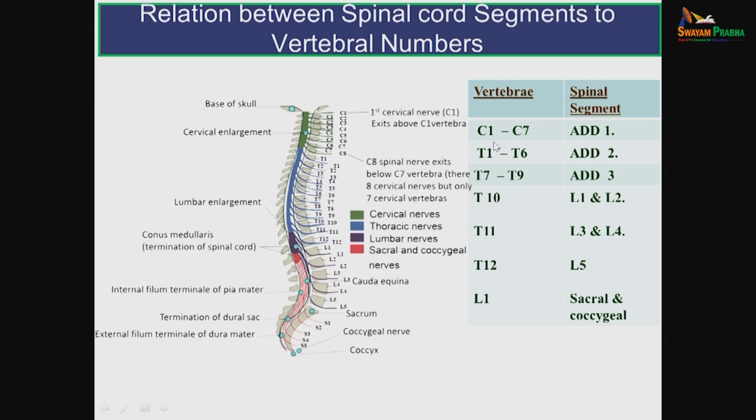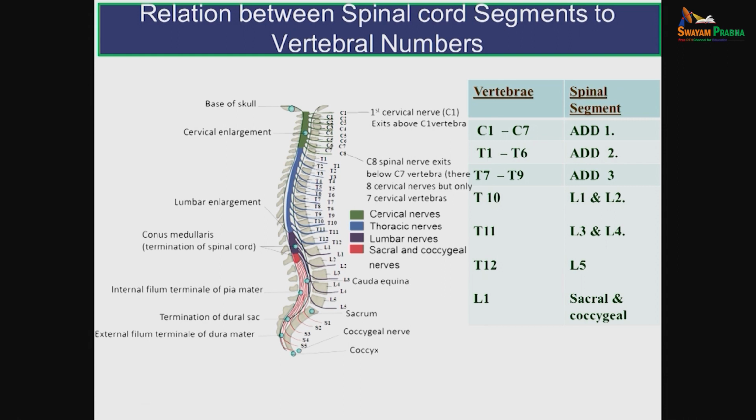In case of C1 to C7 spines, if you want to know the underlying spinal segment, you have to add 1. That is, if it is the C7 vertebra, the underlying segment will not be C7; you add 1, and it will be the C8 spinal segment.